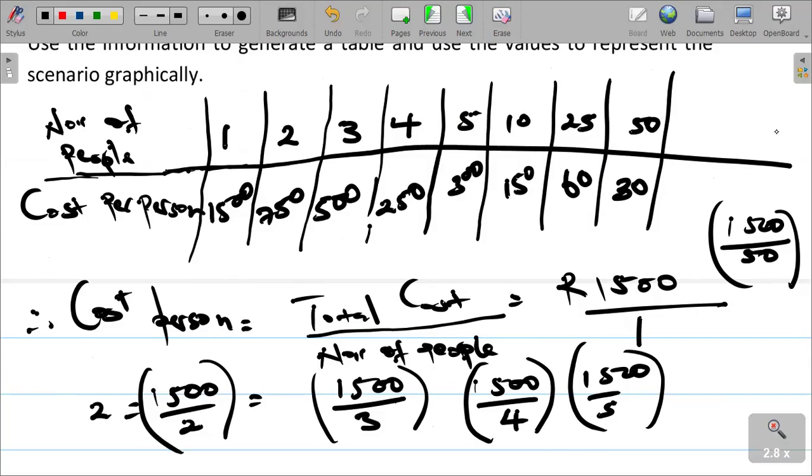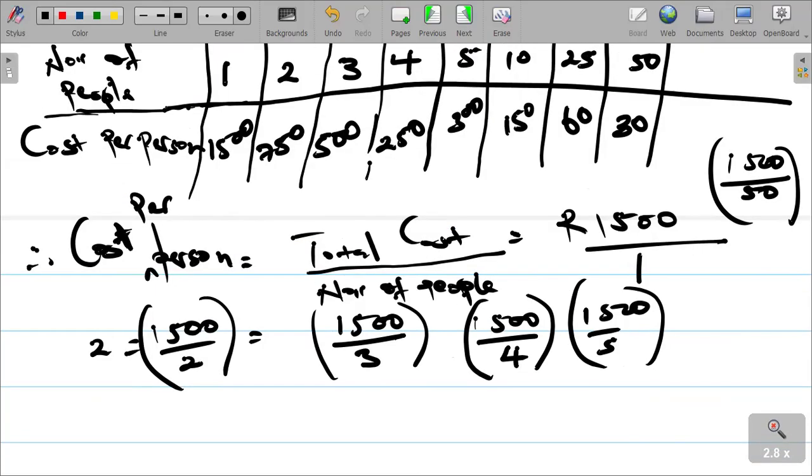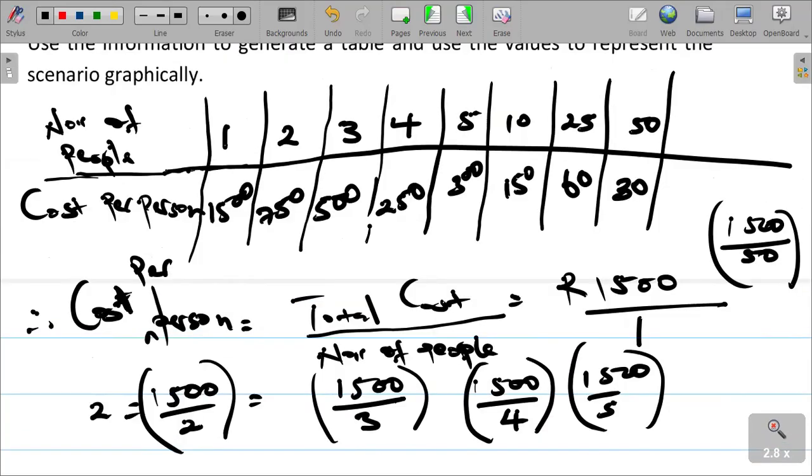Number of people, total cost over number of people is equal to the cost per individual. That is how we get that table. If the table is there, then we are done.